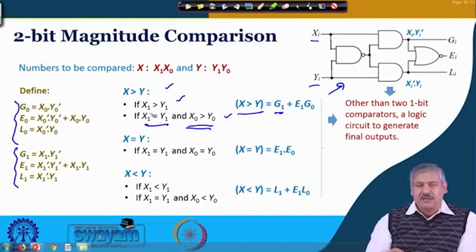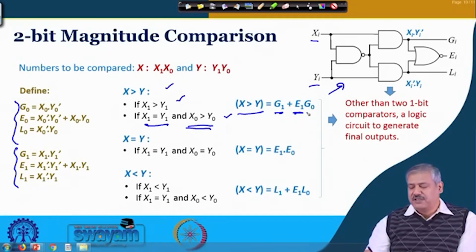When G1 is not high, then two possibilities are there, that x1 is equal or x1 is less. So, if it is equal, E1, then you look at whether G0 is high or not, that is, whether the lower significant bit of x is more than y or not. Okay. So, this way you get the logic for x greater than y.